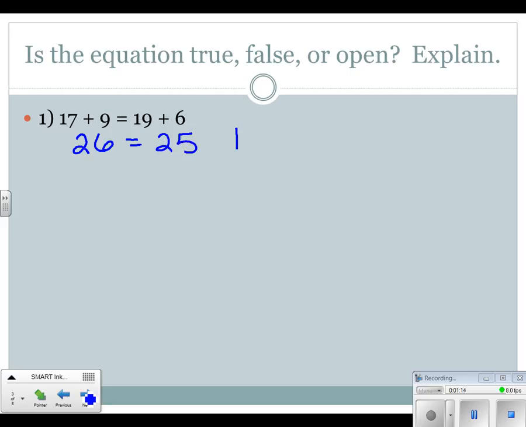And so false. Four times x is the same as 44. 4x, that's 4 times 11. So we have 44 is the same as 44, which is true.